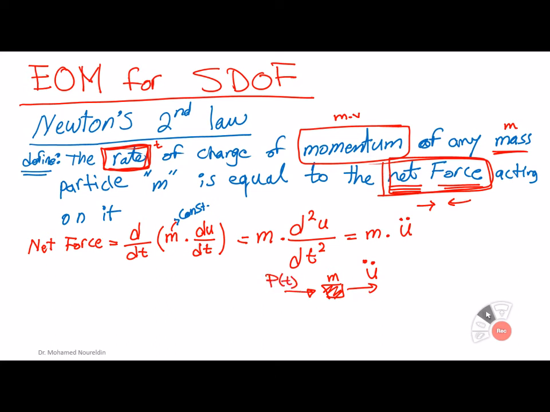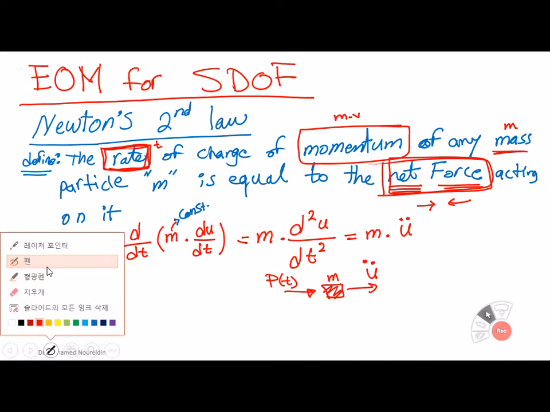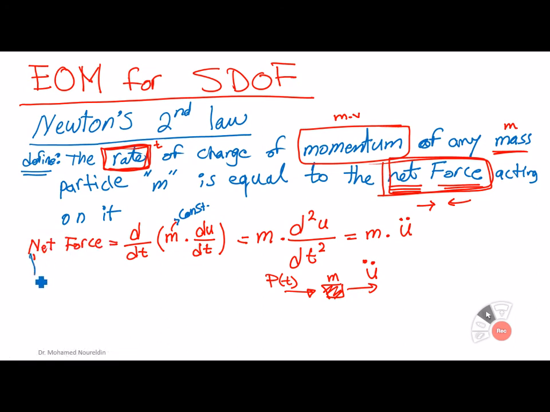So in this case, we are going to say that this net force is going to be the external force applied. If we have an external force, let's assume we call it P of t. P is the force, t means that it is changing with time, okay?